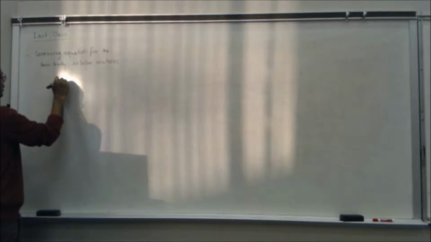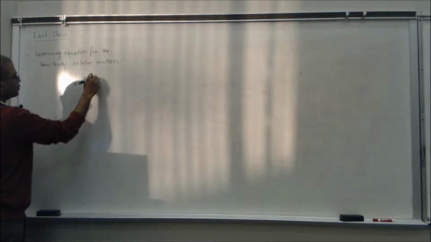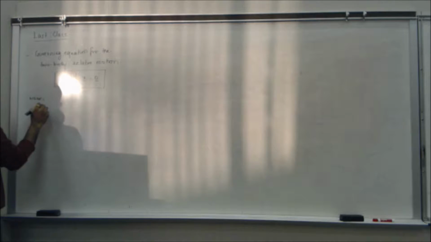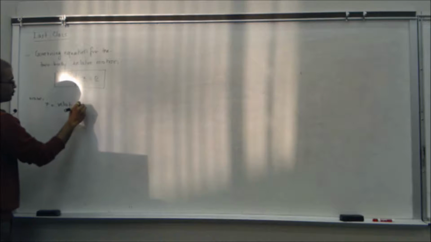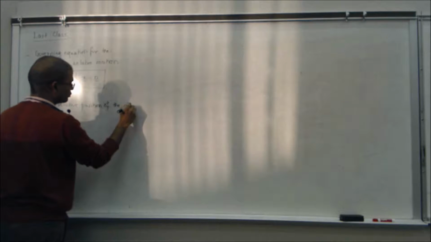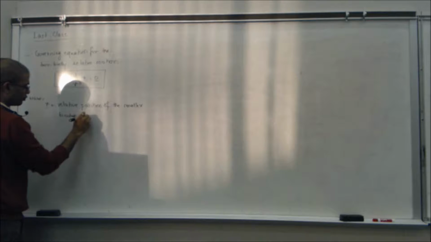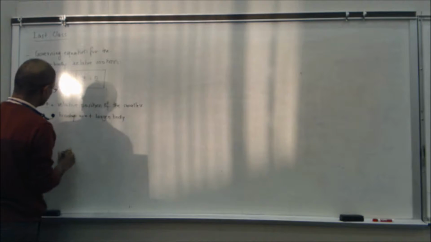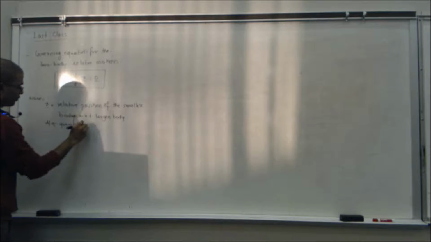It read as r double dot plus mu over r cubed times vector r is equal to 0, where r is the relative position of the smaller body with respect to the larger body. Mu is the gravitational parameter.